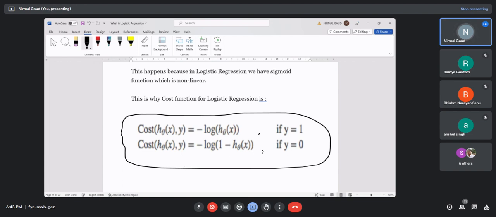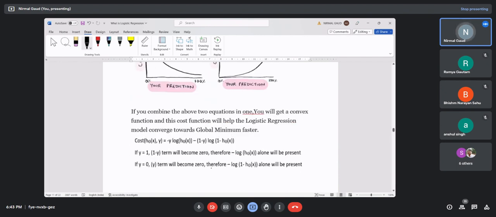This is the cost function for logistic regression. We have also seen the generalized equation for the cost function. Here it is. This is the generalized equation, where y is your actual output and h theta x is your prediction. The result is: minus y log of h theta x minus 1 minus y log of 1 minus h theta x.